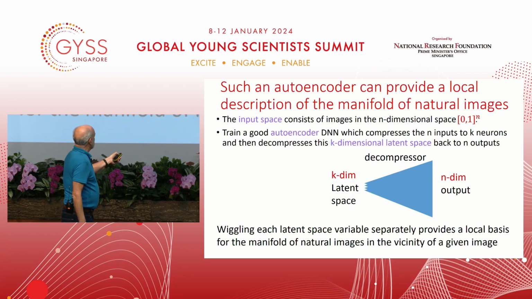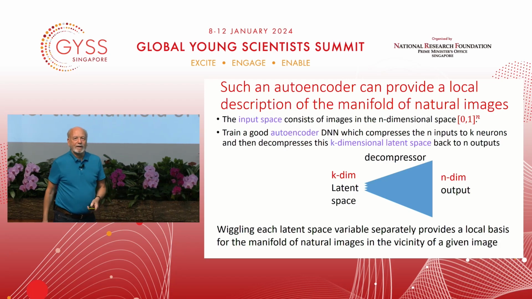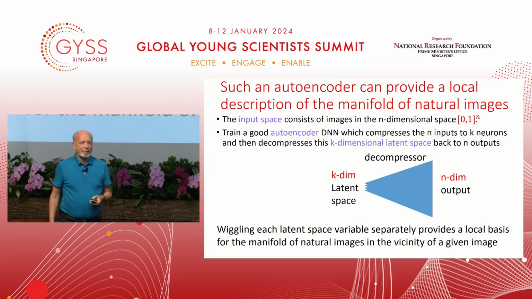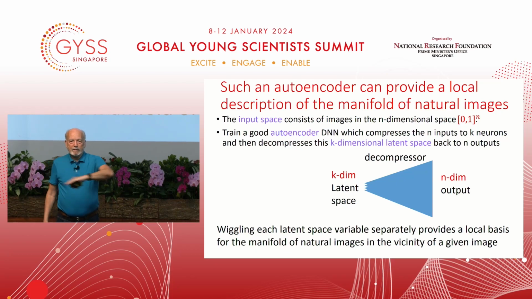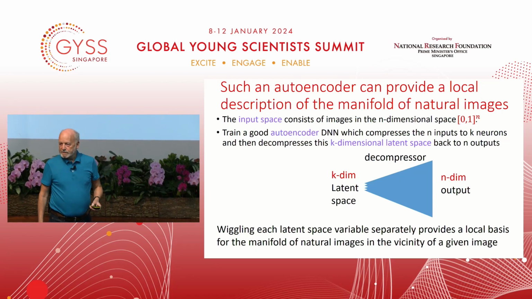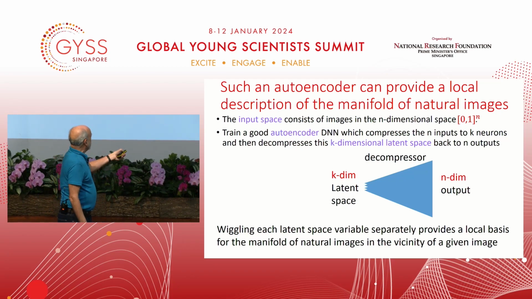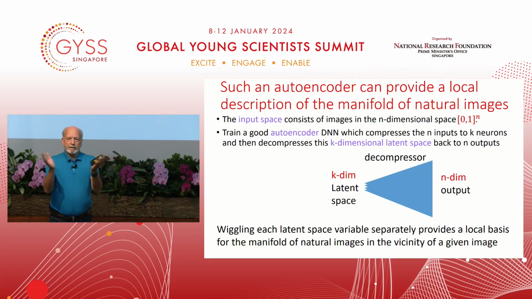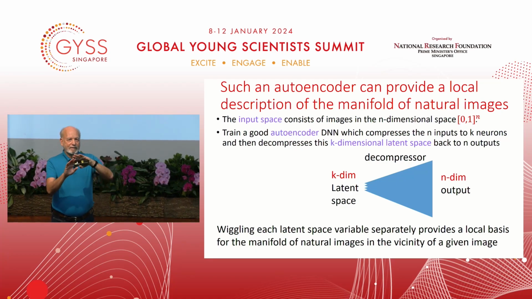If I'm changing only the second representation parameter, I'm moving in another direction in the output space. If I'm looking at all the k of them, I'm getting k directions, and the linear space for which these k directions are the basis describes the local linear structure of the manifold of natural images.